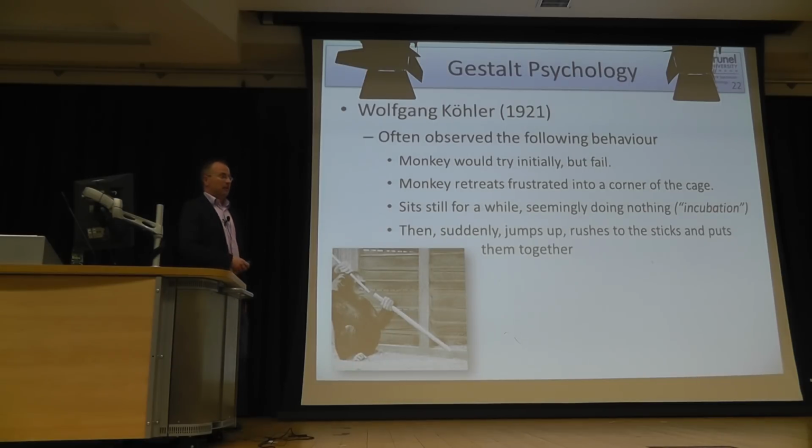So the idea came up that while the monkey was seemingly doing nothing, sitting there, he may actually do something with respect to the problem. And this state is called incubation.